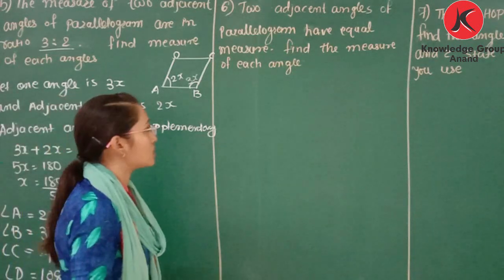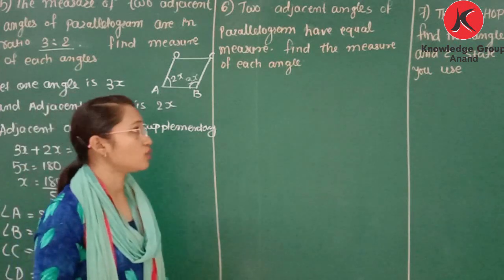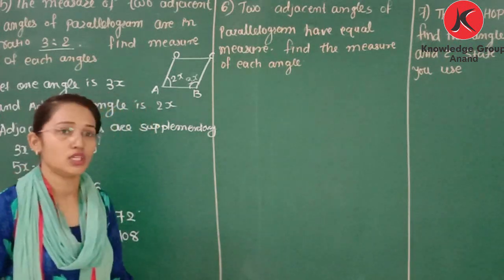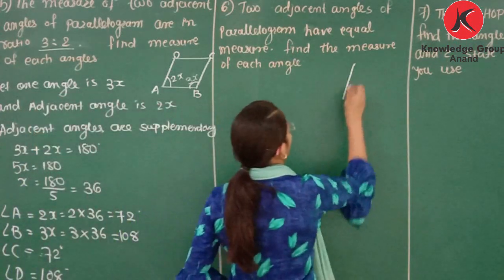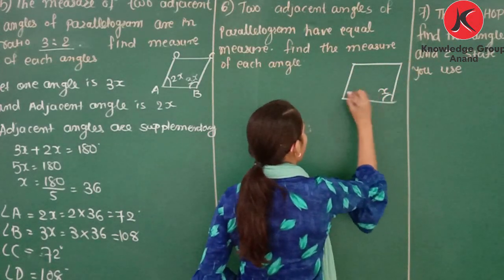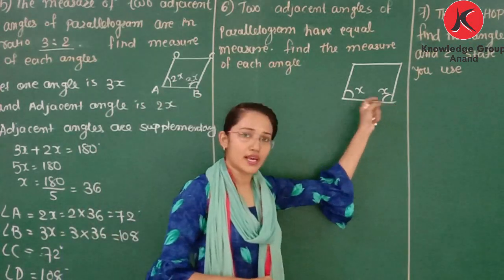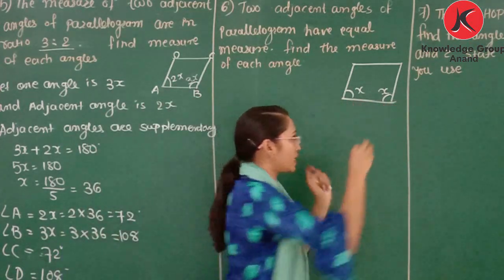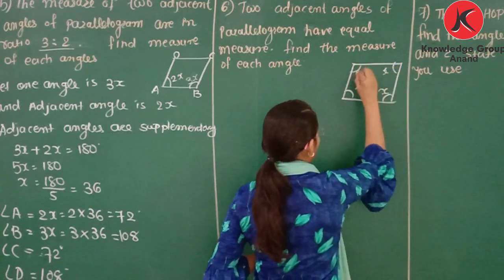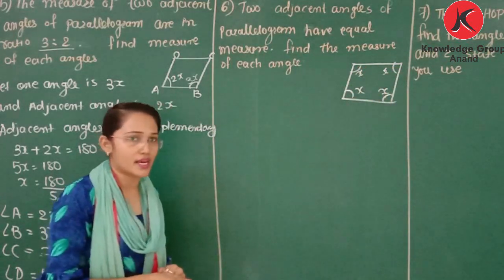Now question number 6. Two adjacent angles of a parallelogram are of equal measure. Find the measure of each angle. Again, if adjacent angles are equal, this angle is x, this is also x. Opposite angles are also x, because in a parallelogram we know that opposite angles are equal.